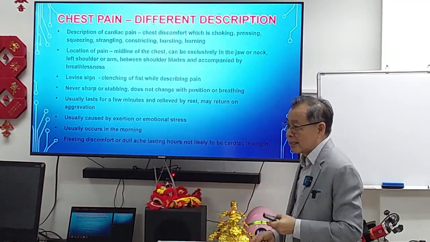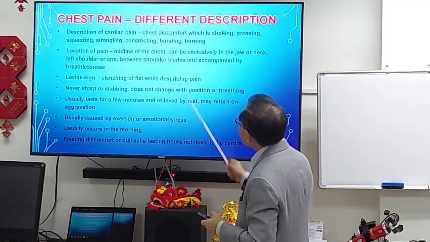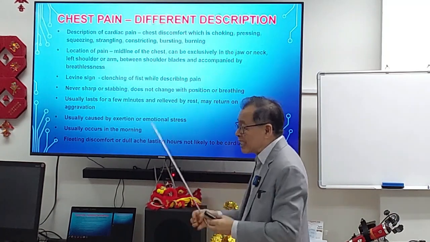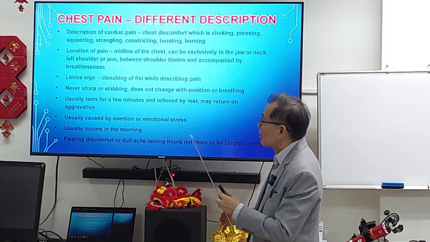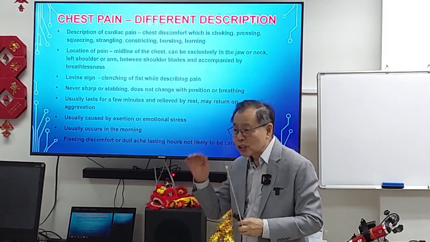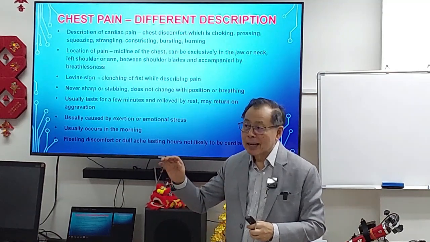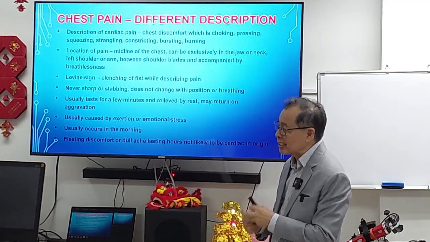The chest pain due to heart attacks has many descriptions. It's a chest discomfort which is choking, pressing, squeezing, strangling, constricting, bursting or burning. And mind you, it's not the most severe of chest pains, but chest pain due to the heart is very disturbing.